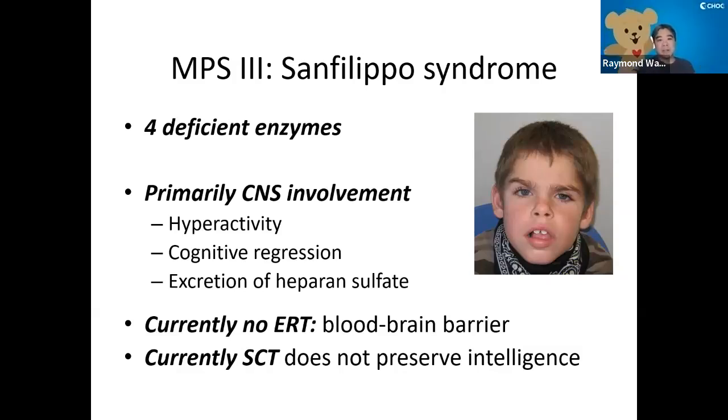And while that is going on, you're going to want to introduce enzyme replacement therapy to try and debulk or reduce the storage prior to the onset of stem cell transplant. So in reality, you're going to be doing both at the same time.